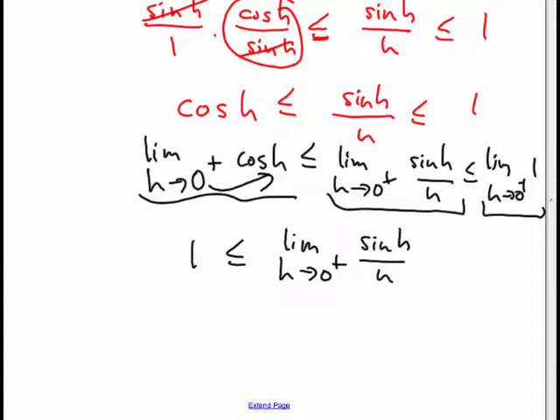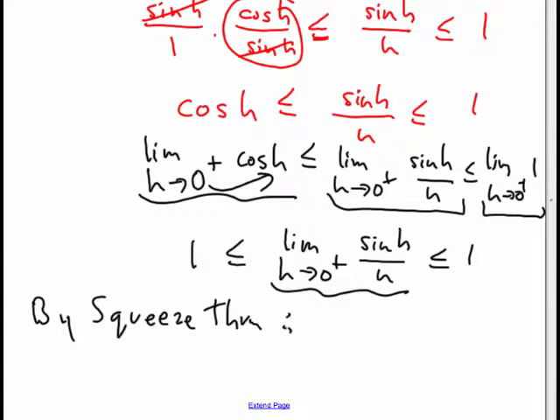And this quantity, the limit of a constant, is that constant. So we have this limit that we don't know, but we know that it's between 1 and 1. So by the squeeze theorem, therefore the limit as h approaches 0 from the positive side of sine h over h is 1.